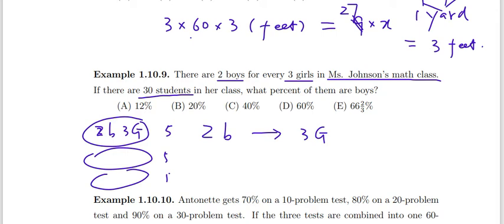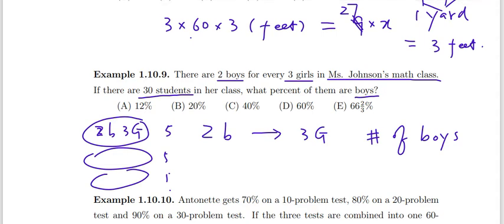So among 30 students, how many are boys? For the number of boys, we count 2 per group, and we have 6 groups.